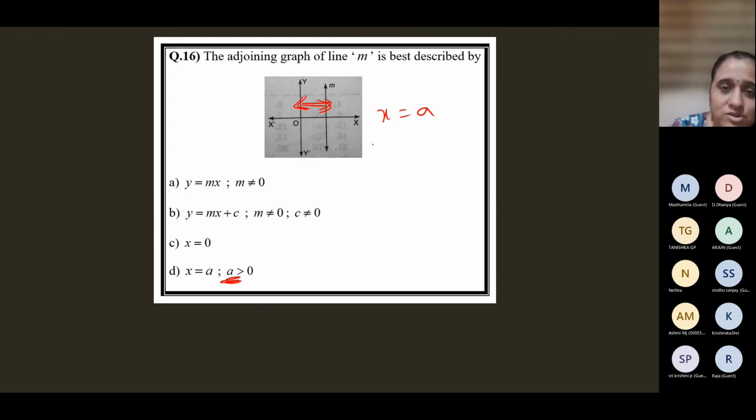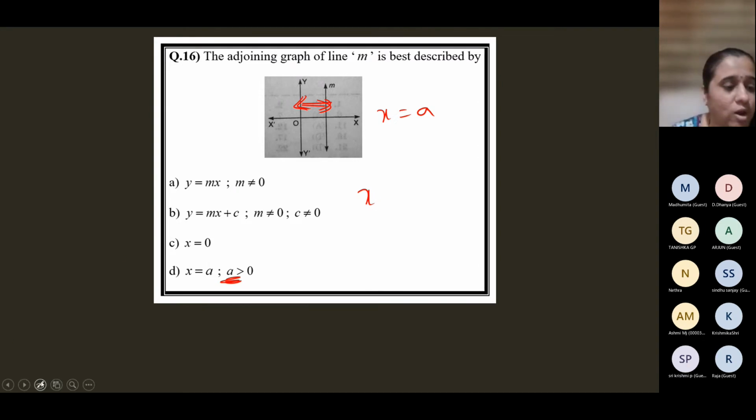When the lines are parallel, children, there will be only one variable, x or y. You can treat it as an equation in two variables, x and y, when the coefficient of x and the coefficient of y is something other than 0.